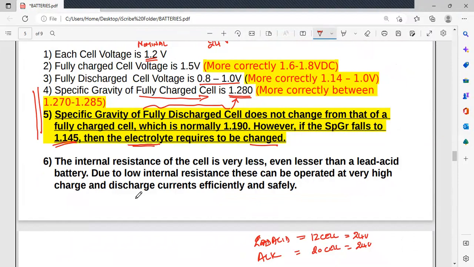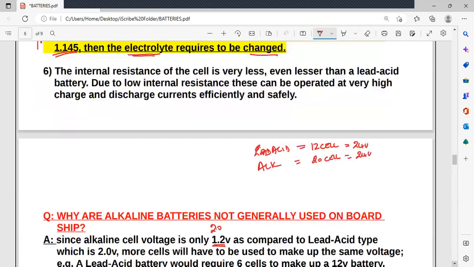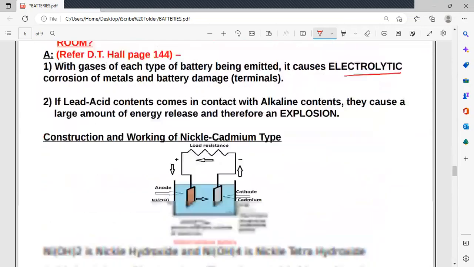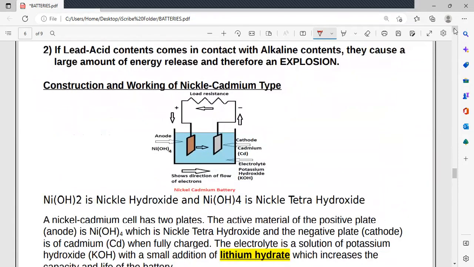Let's say you have not used it for some time. How do you determine? Whether it is charged or fully discharged, it should always show 1.280 as your specific gravity. Any queries or doubts before we carry on further?